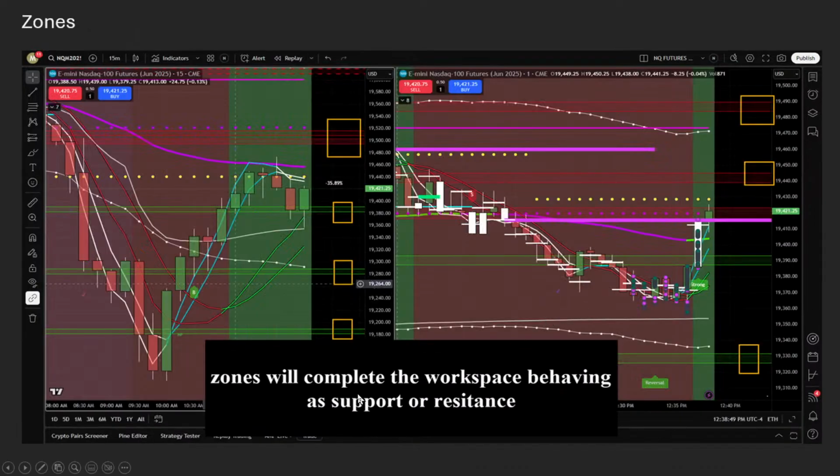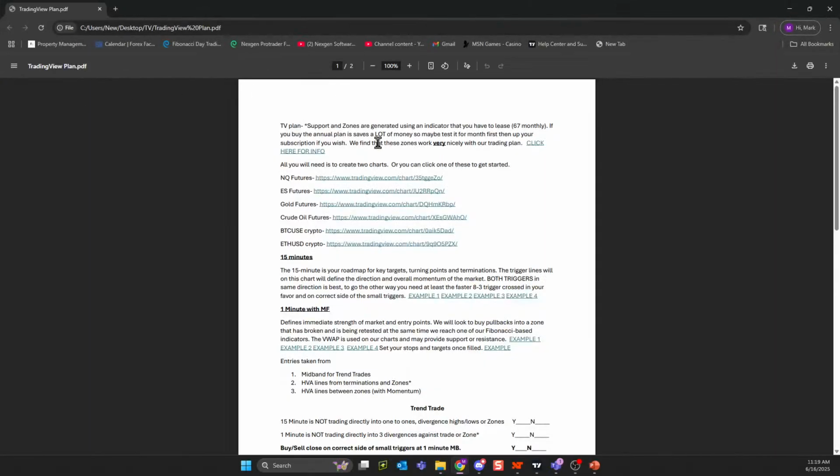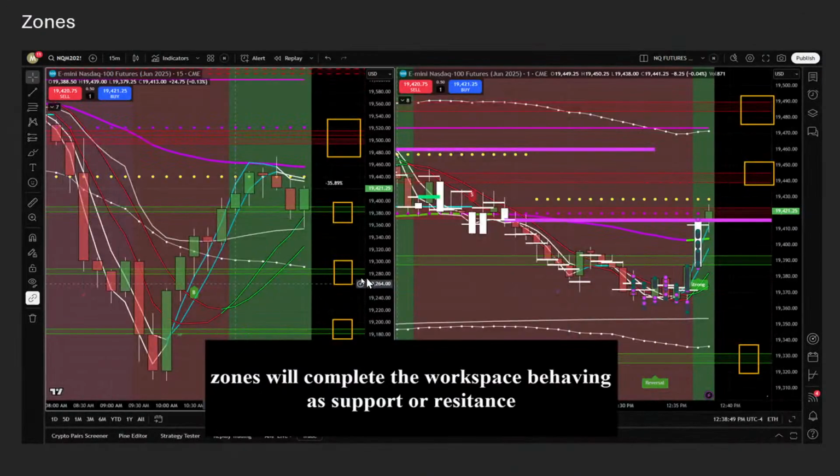And then finally, zones. If you look at the trading plan, the support and zones using this plan, there's a lot of different companies that offer free versions. John Novak has done extensive testing with most of them and has concluded that Chart Prime produces the most effective areas of support and resistance, guys.